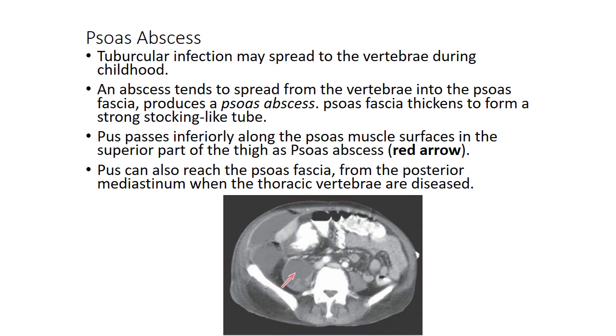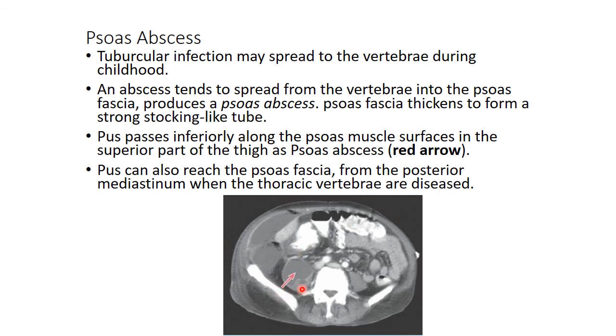The pus follows the course of the fascia and trickles down inferiorly along the psoas muscle surface, and it can reach up to the thigh because the muscle is attached to the lesser trochanter. So the abscess can trickle down to the upper part of the thigh, and this is called psoas abscess.